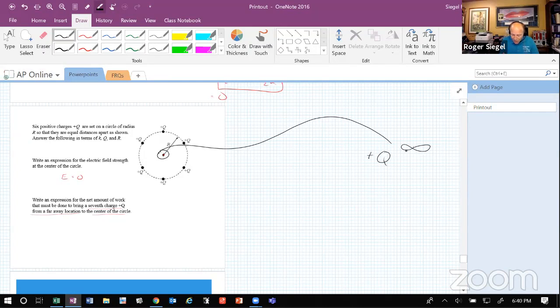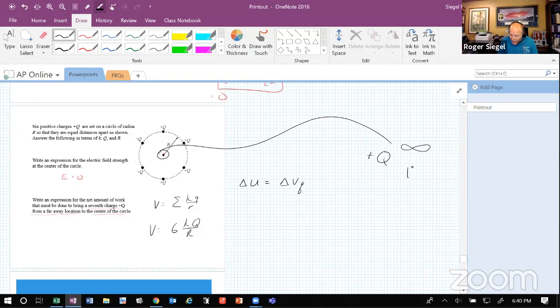However, it's much easier to find the amount of work by finding the change in potential energy. And so that's going to be delta V times Q. Now, what is the potential here at the center? Well, it's the sum of all of those KQ over R, and they're not vectors. Each one has a charge Q, and the distance is R, and there are 6 of them. So that is the potential at the center.